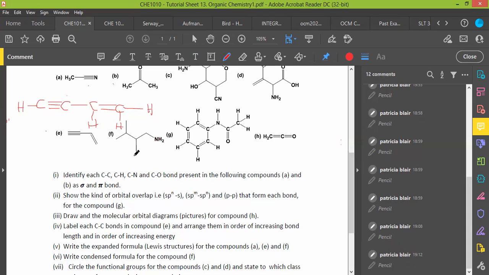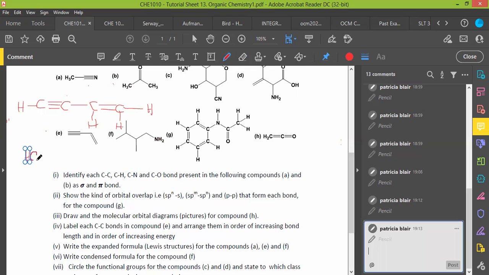For the condensed structure, it doesn't show the horizontal and the vertical bonds, but it will show all the atoms present. So no vertical, no horizontal. In short, you're not going to show any bonds. So you have H, and then you have C, and then you have a triple bond.